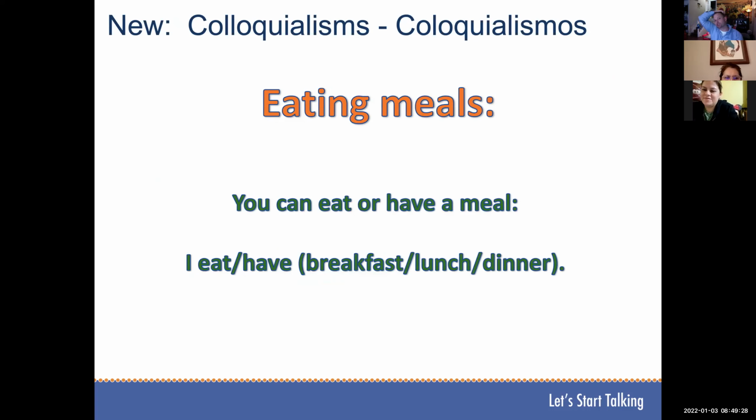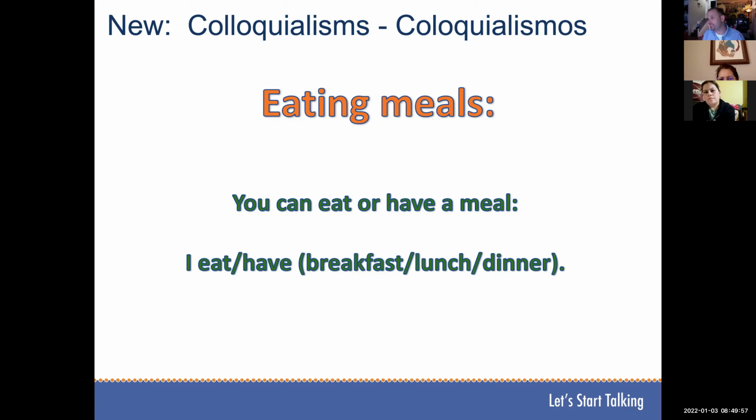Bueno, más modismos o coloquialismos, ¿no? Hablando de las comidas, meals. Una comida puede ser un meal, como breakfast, lunch, or dinner. So talking about eating meals, we can talk about it in one of two ways. You can either eat a meal or you can have a meal. Es correcto decir, I eat breakfast, tanto como I have breakfast. ¿Ok? Es igual.